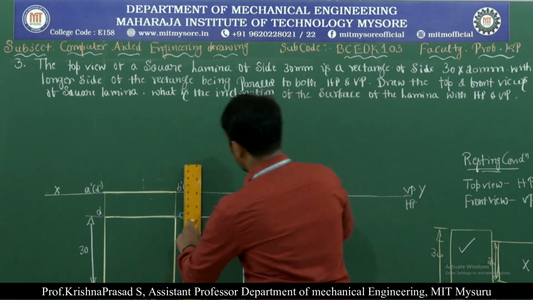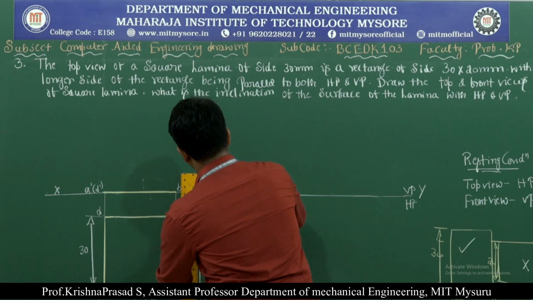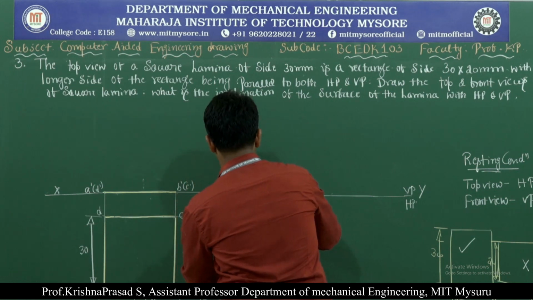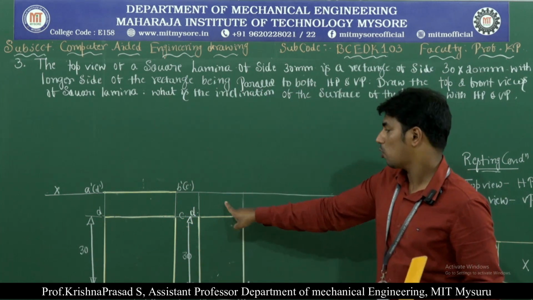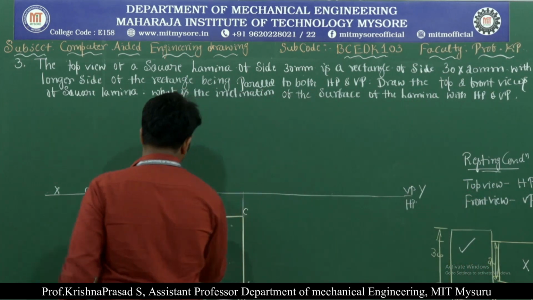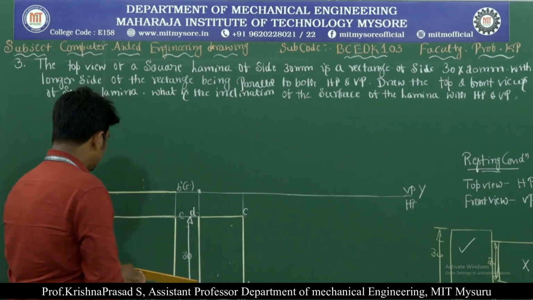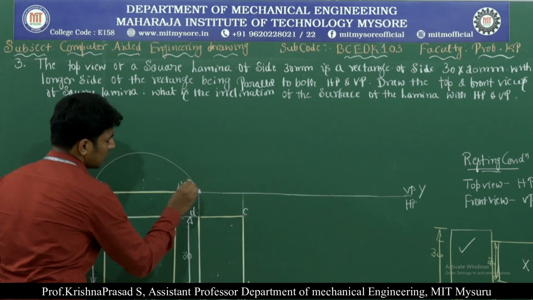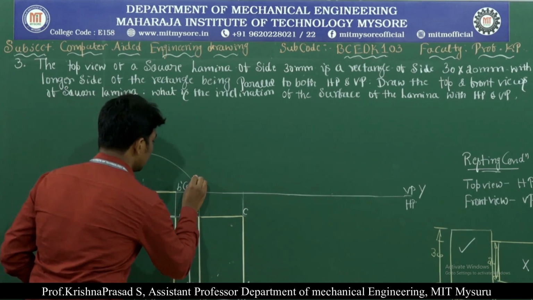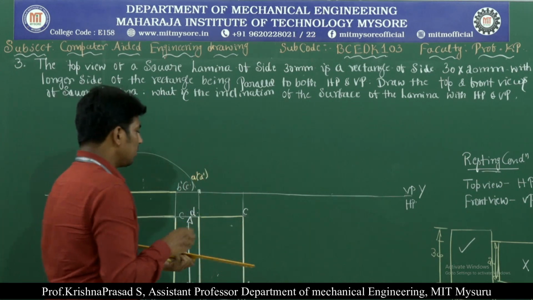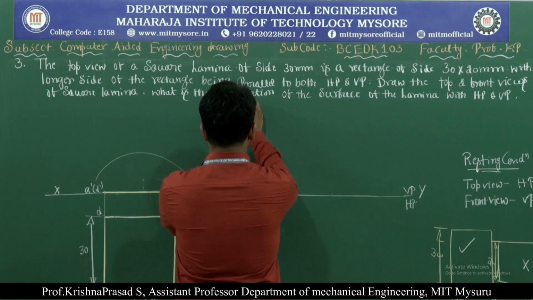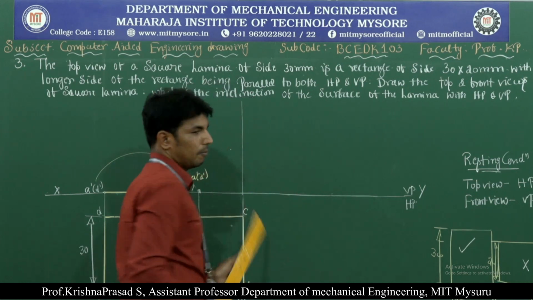For that, again project the lines from top view to the front view. Once we are projecting from top view to the front view, this point is nothing but this one. We are directly projecting from here to here, so this is called A dash in bracket D dash, and extend this projection line to the unknown point.